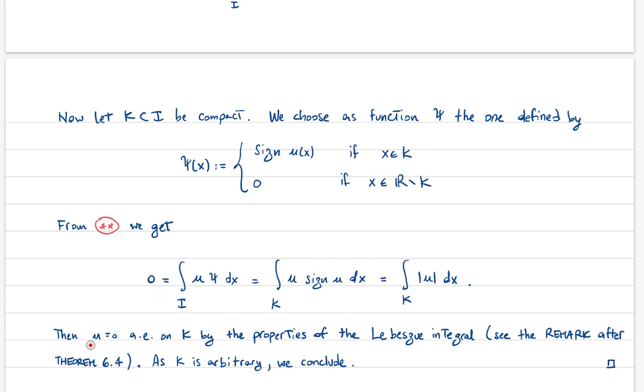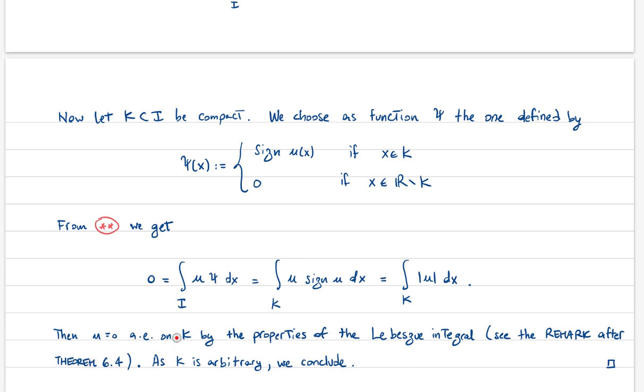And this means that u is equal to 0 almost everywhere on k by the properties of the Lebesgue integral. You can see the remark after theorem 6.4 in the appendix on LP spaces for the statement of this fact.